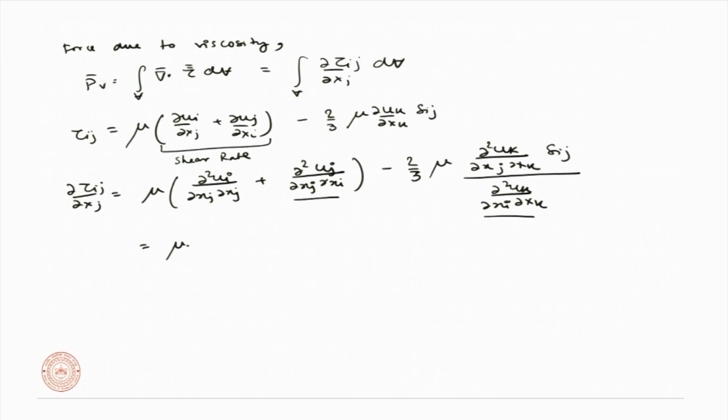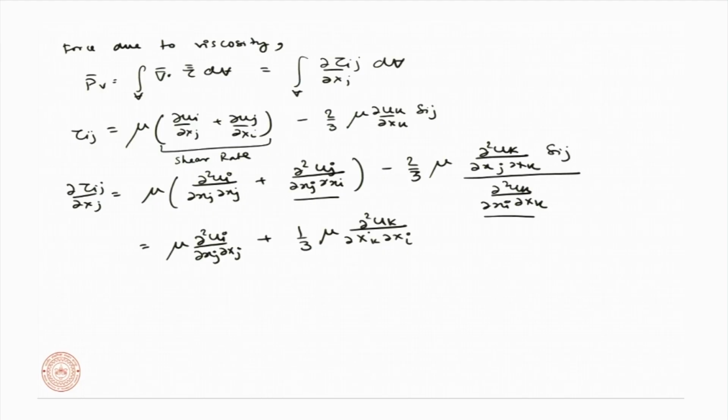So, this becomes mu times del square ui by del xj del xj, plus 1 by 3 mu times del square uk by del xk del xi, where again k is summed over and i is the free index. All right. So far so good, we are working it out.